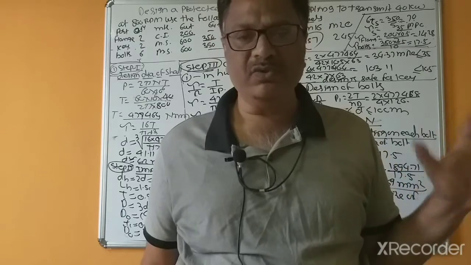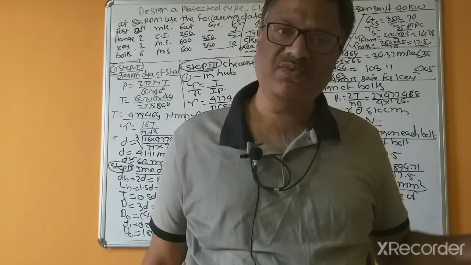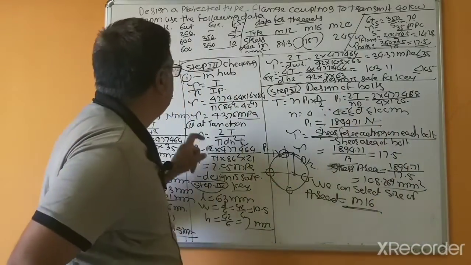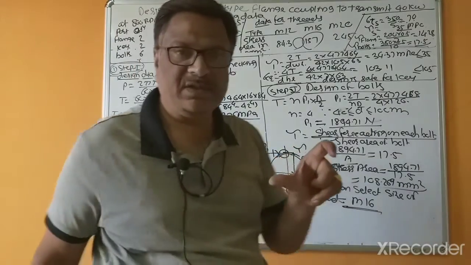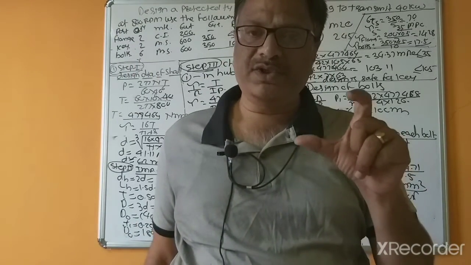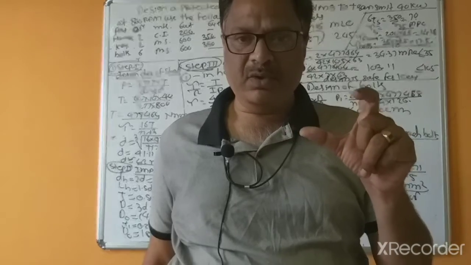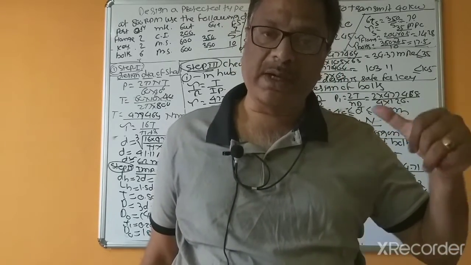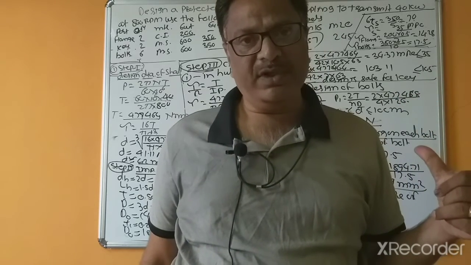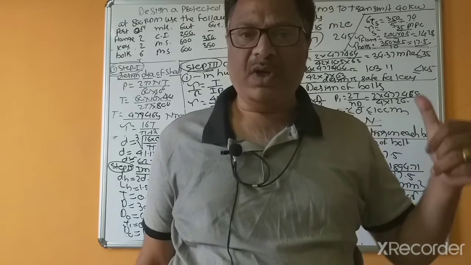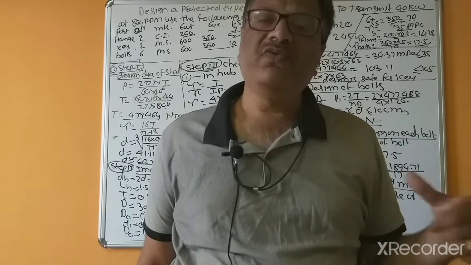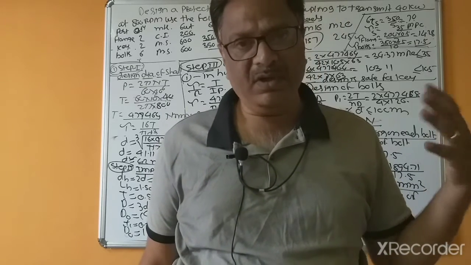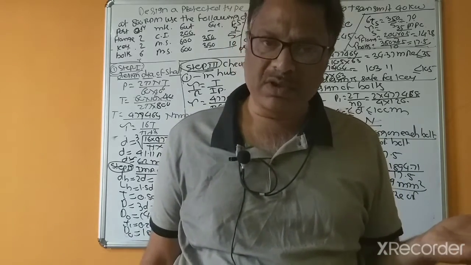That also means you will get the design is safe, but the steps of this procedure are also important, because the paper assessor sees what the diameter of the shaft is, and based on the diameter of the shaft the rest of the various important dimensions of the couplings follow. The third step is the checking, and the fourth step may be the design of the bolts or the design of the keys.